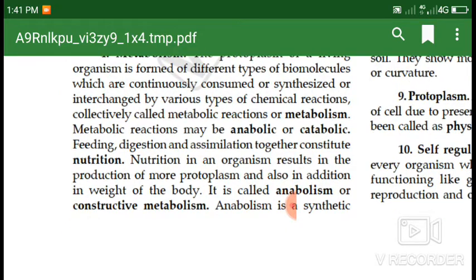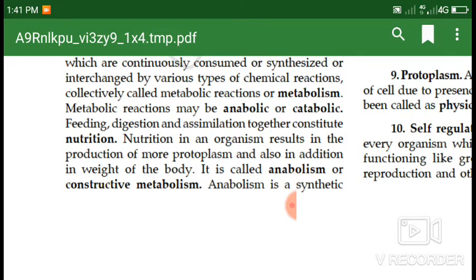Feeding, digestion and assimilation together constitute nutrition. Feeding means eating the food, digestion means the food which is eaten has to be digested in the intestine, and then assimilation means that food has to be passed to every cell of the body, which gives energy. Together these constitute the nutrition of an individual.